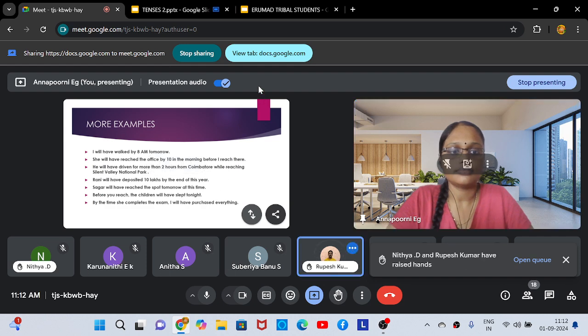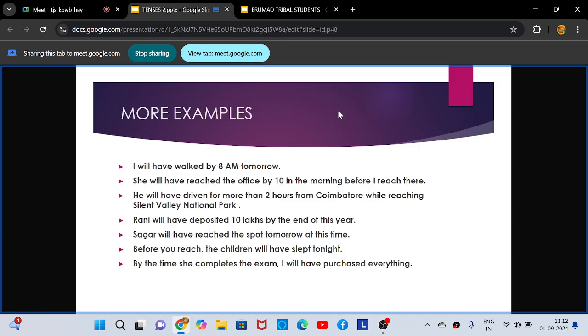Yes, ma'am. I will have walked by 8 a.m. tomorrow. She will have reached the office by 10 in the morning before I reach there. He will have driven for more than 2 hours from Coimbatore while reaching Silent Valley National Park.